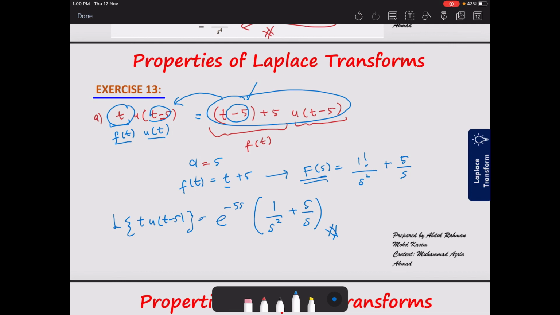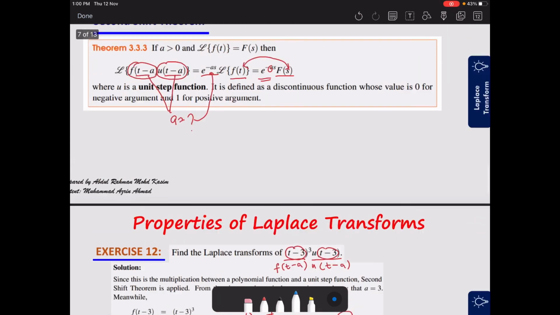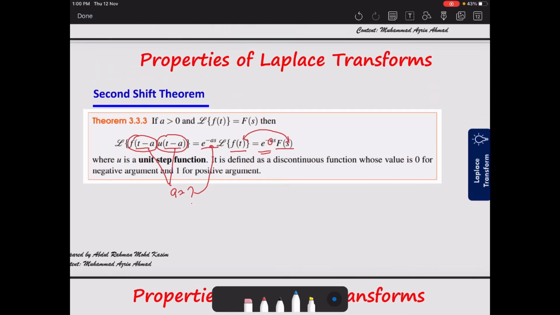Okay, I will summarize for you. The first thing, when you want to use the second shift theorem, you need to look at the equation. The equation must tally here. The function of f must have the same term as the function of u.